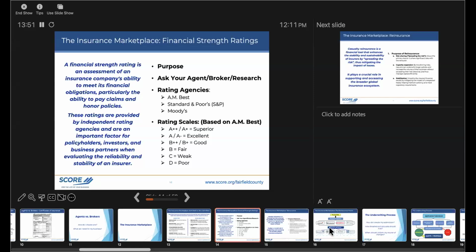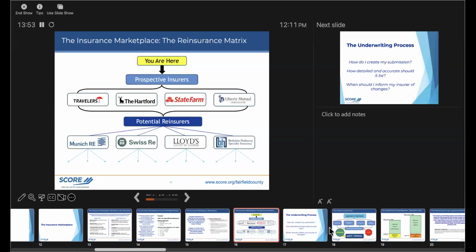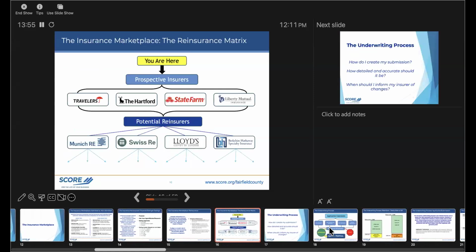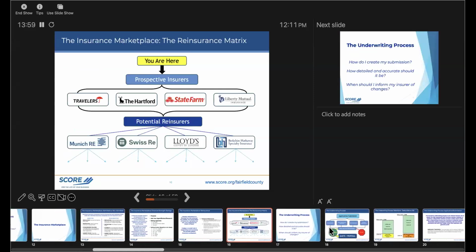Okay, so this slide is meant to represent the insurance reinsurance matrix. Insurance companies buy insurance on their risks. So if we look at this chart, you are at the top, and your prospective insurers, Travelers, the Hartford, State Farm, is there.